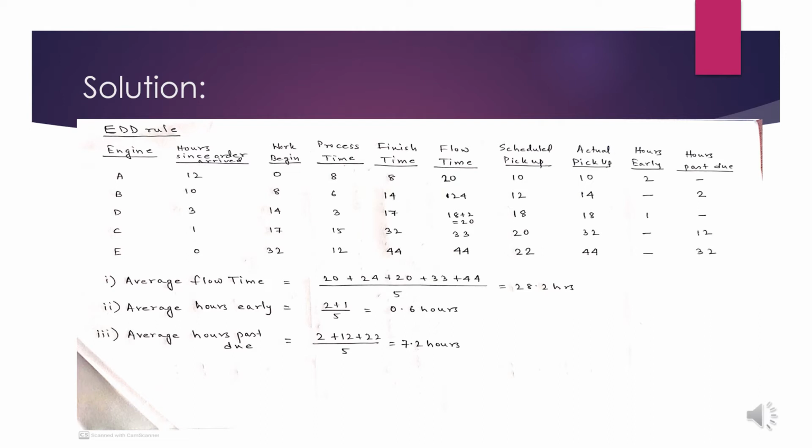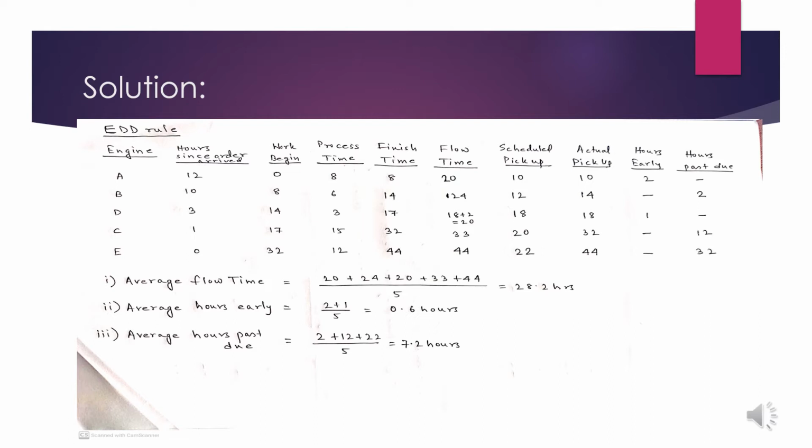Finish time is generally achieved by adding the work beginning time plus the processing time. The flow time is basically hours since order arrived plus the finish time. So in case of A, it will be 12 plus 8, which is 20.